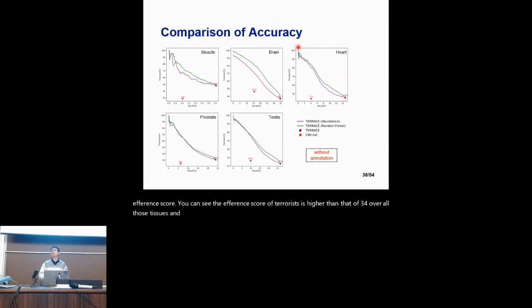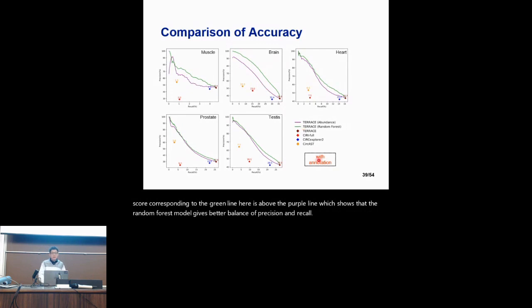And we also draw 2 precision-recall curves. One is by changing the random forest score. The other is by changing the predicted abundance. And you can see the random forest score, corresponding to the green line here, is above the purple line, which shows that the random forest model gives better balance of precision and recall.